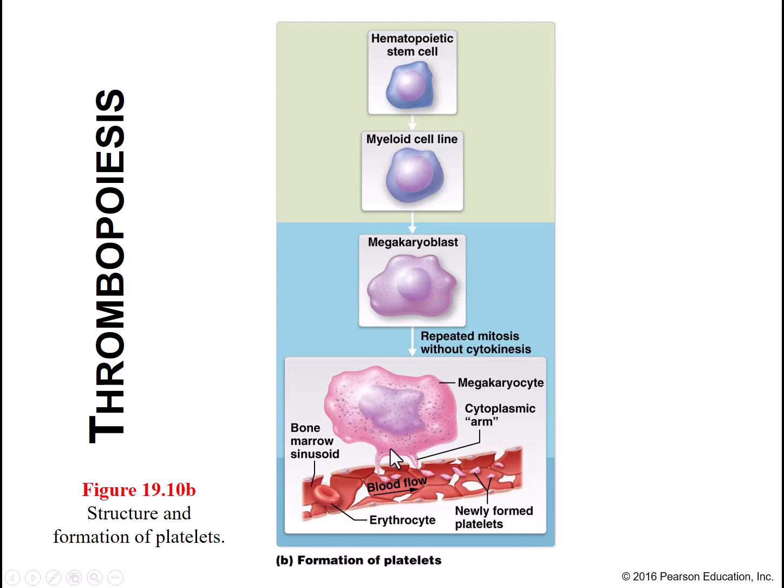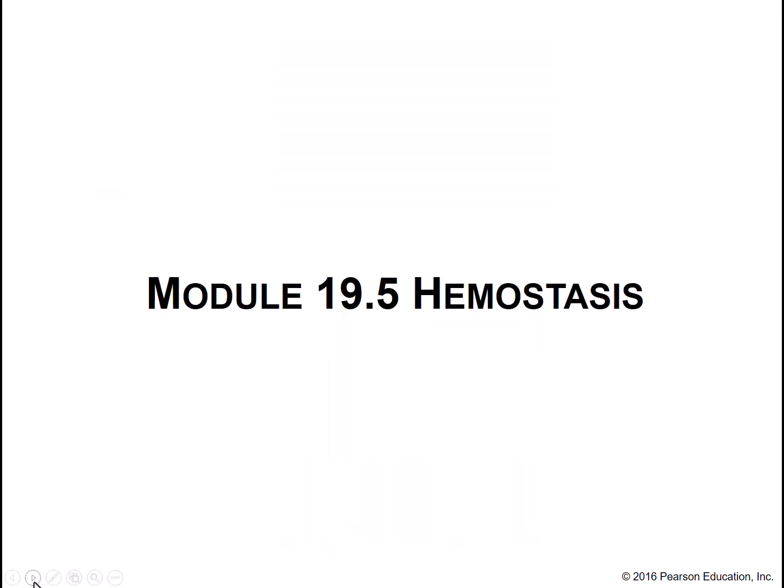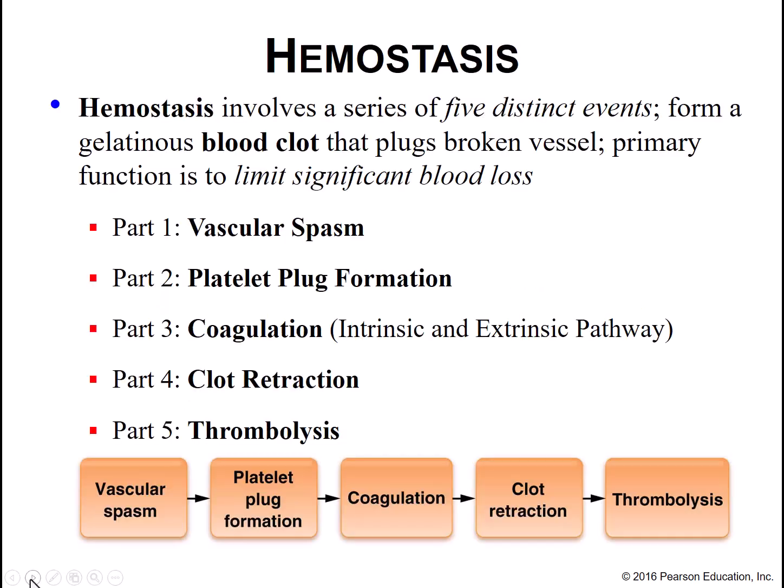The megakaryocyte just pinches off little pieces of itself with these cytoplasmic arms and puts out the platelets, these little flakes. When you look at a blood smear, they look like little cornflakes, just little pieces of trash throughout the blood smear. But they play a major role in hemostasis, which is our blood clotting.